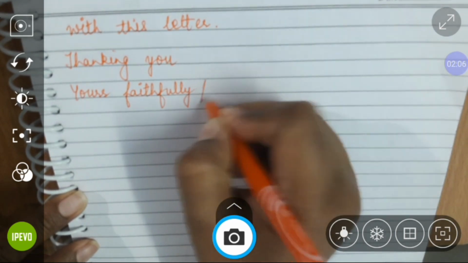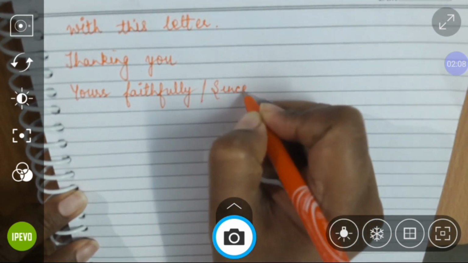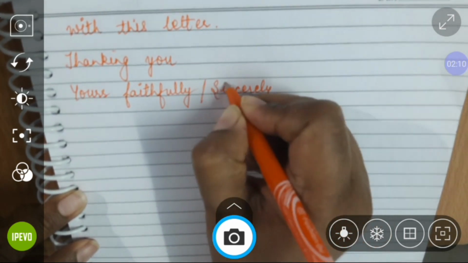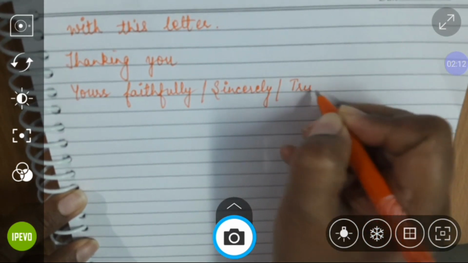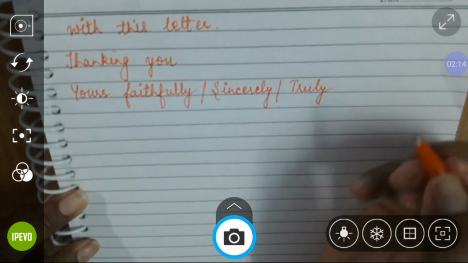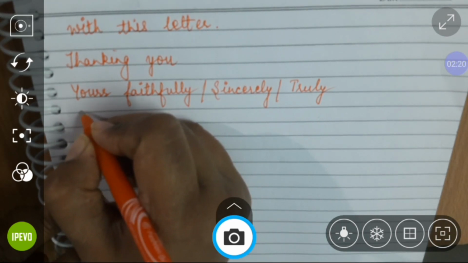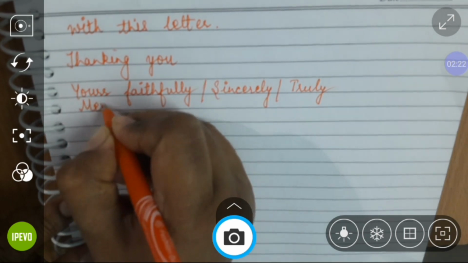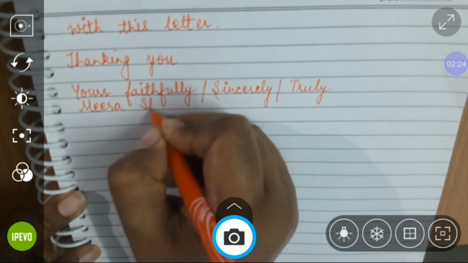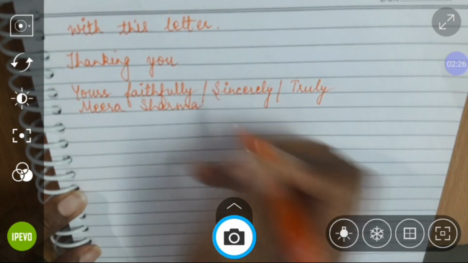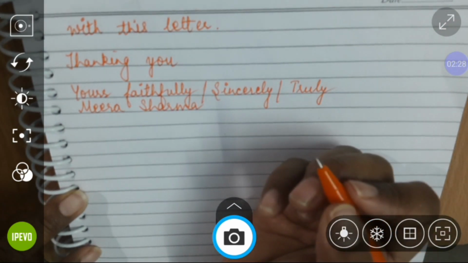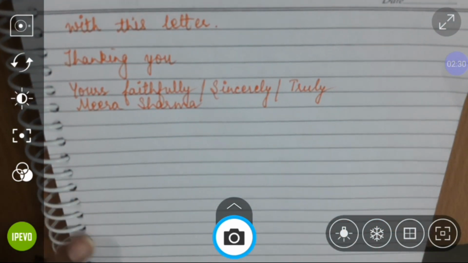Otherwise you can use sincerely or truly. Any name given? No name was given, so you can write any name. Say Meera Sharma. Fine. So this is the letter.